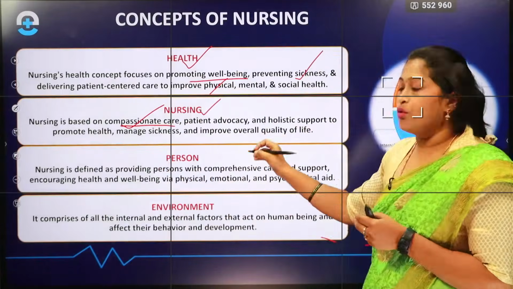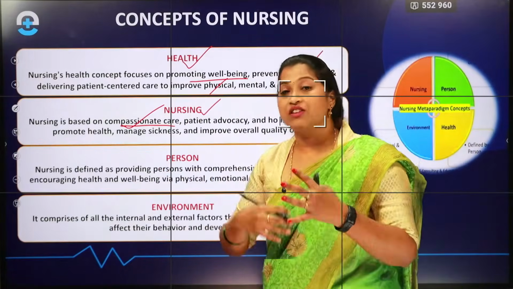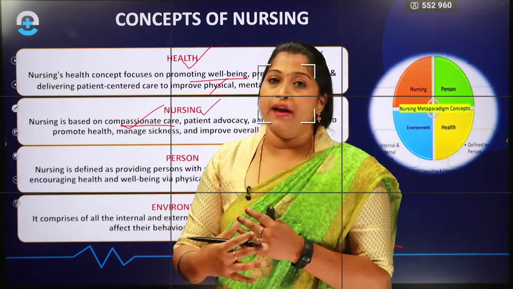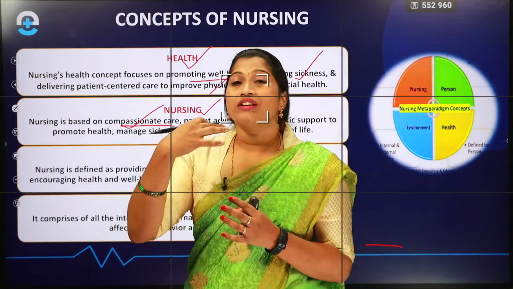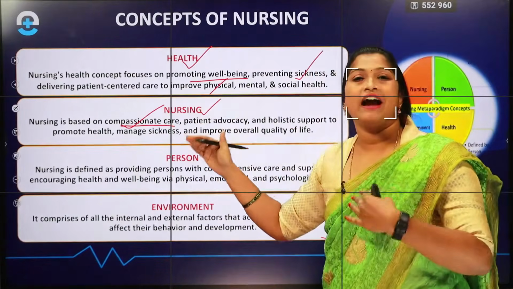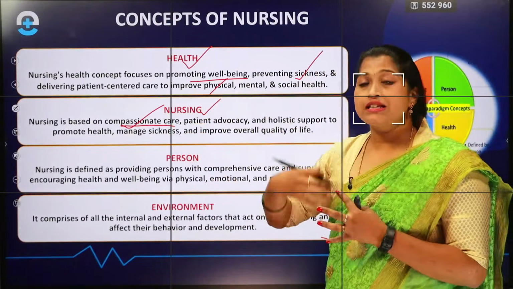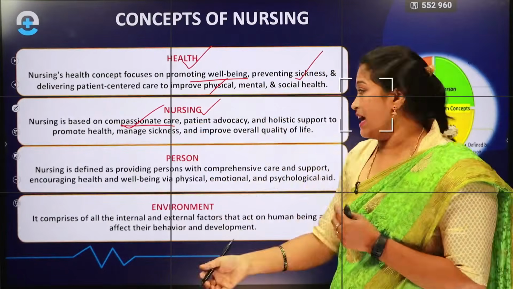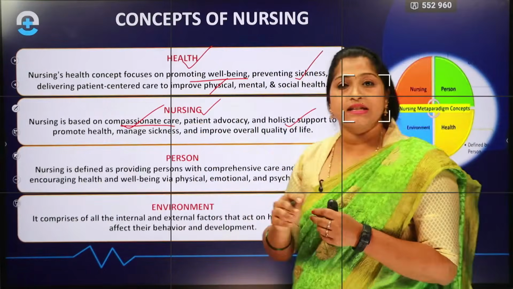Here we are focusing on patient advocacy. We are standing on behalf of the patient and making sure the rights of the patients are covered. Next is the holistic support.